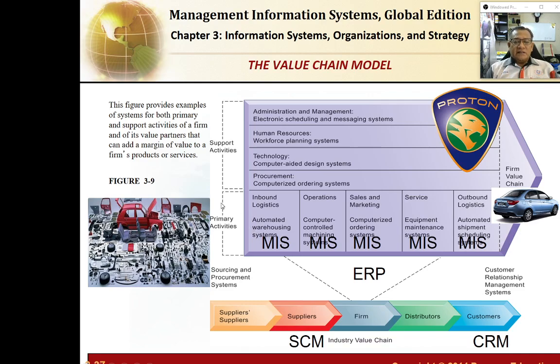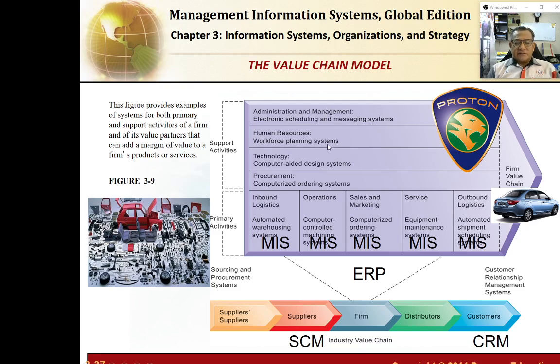Of course, this primary activity must be supported by this complementing activity. For example, production needs to be complemented by administration and management as far as scheduling, communication, email, job load, production order, and also delivery order. Those are maintained by administration and management.